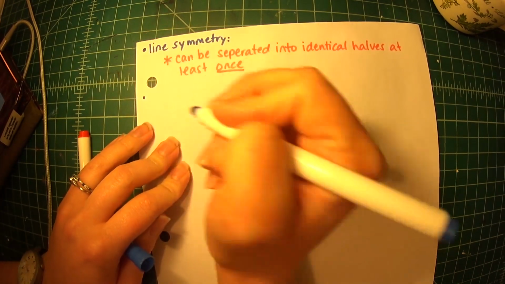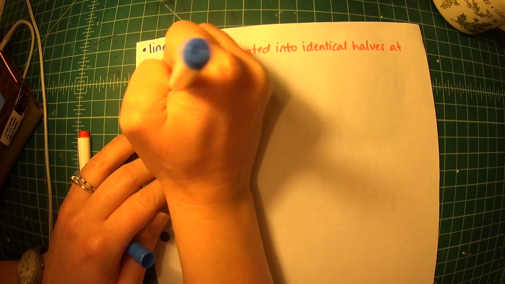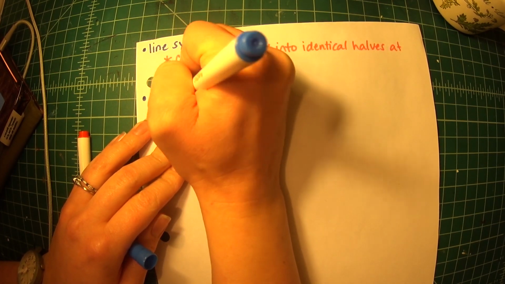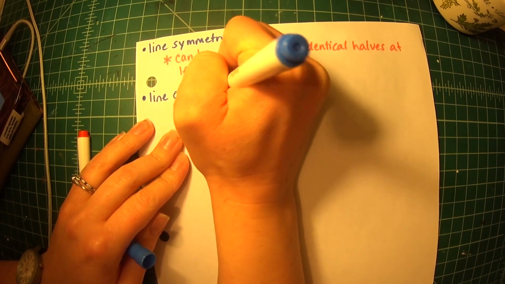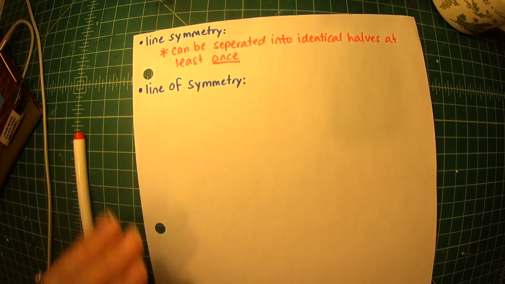And furthermore, if it has line symmetry, that means that it has at least one line of symmetry, which is the other key term that you should already have written in there.